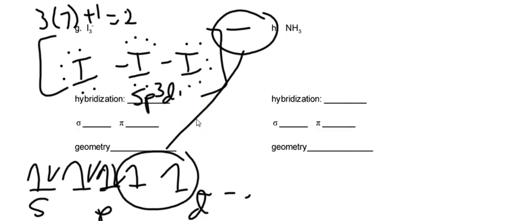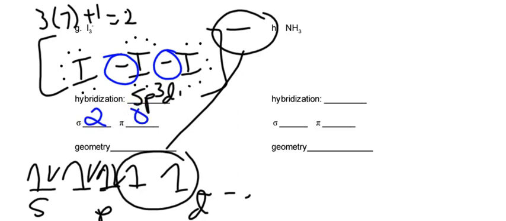Okay, does this make sense? I have 2 bonding sites, plus 3 lone pairs. So 2 bonding sites and 3 lone pairs add up to 5. That's what 1 plus 3 plus 1 add up to. So how many pi bonds, how many pi overlaps do I have? I have 1 here and 1 here. So I have 2 sigma. How many pi's do I have? None. All right.